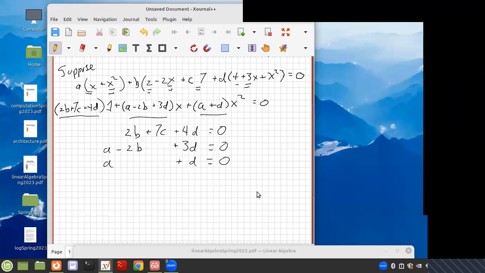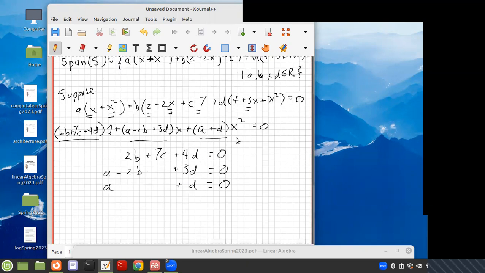So this is a linear system for the coefficients a, b, c, and d. The idea here is that we're supposing this is 0. Now, it's going to be linearly independent if this implies that a equals b equals c equals d.